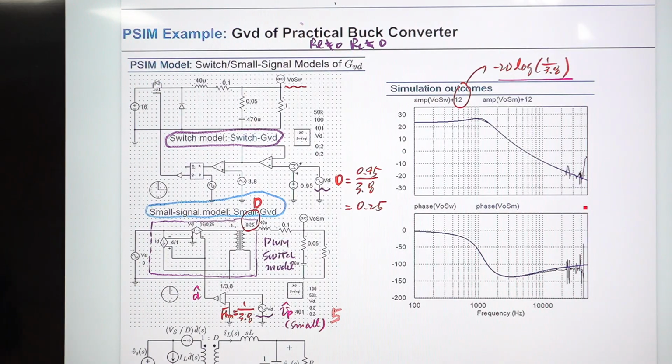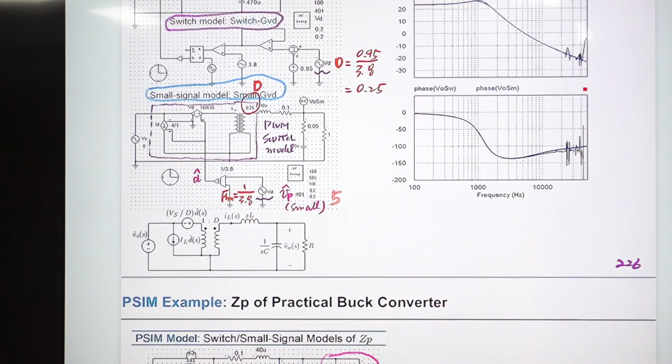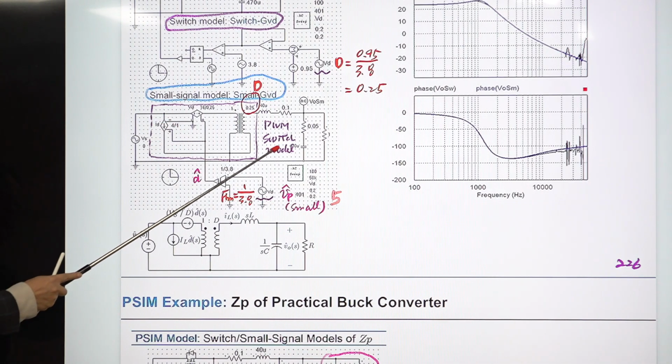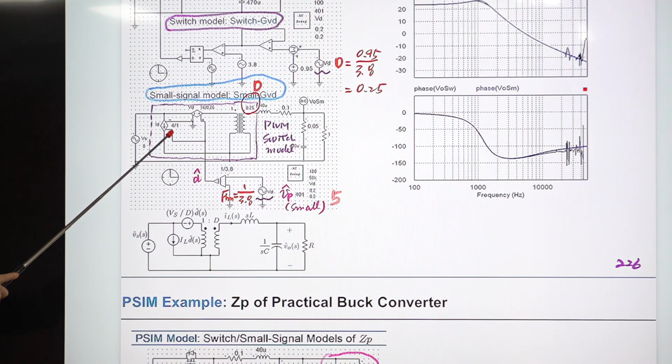Let me show this. This is the small signal model of the power stage. So this is this, and these are two dependent sources. This is a voltage source, and this is a current source. Okay, and this is the IL, which is the output current, same as the output current in the buck converter. So this is the output voltage, and this is the load resistance, which is 4.